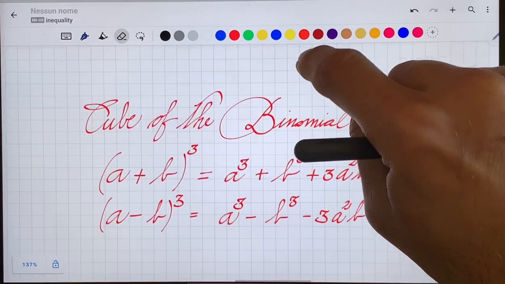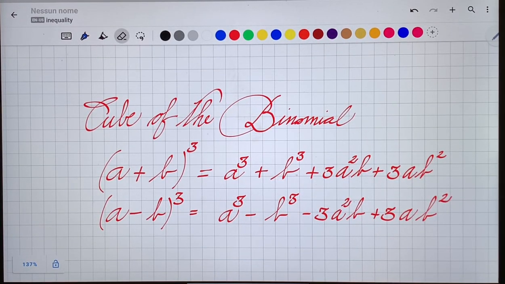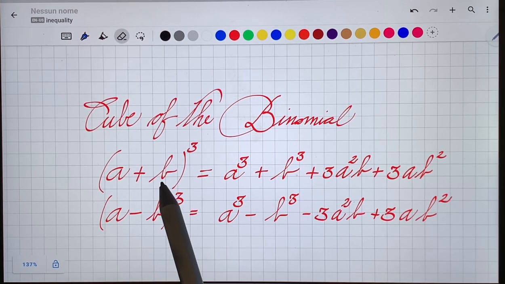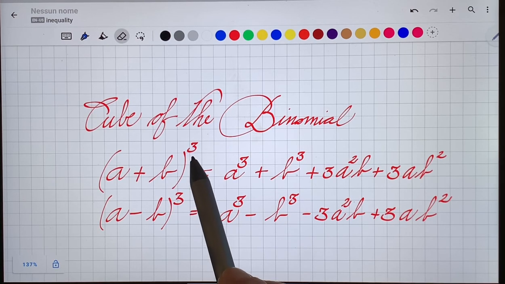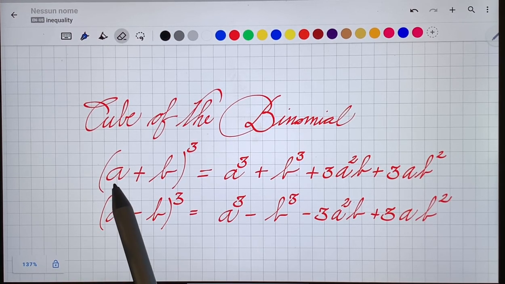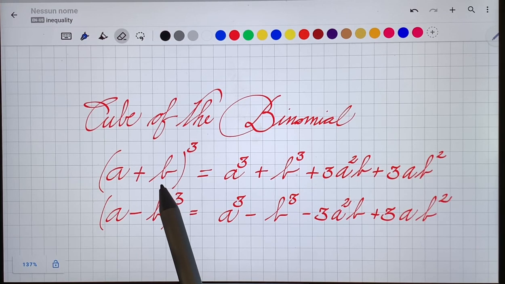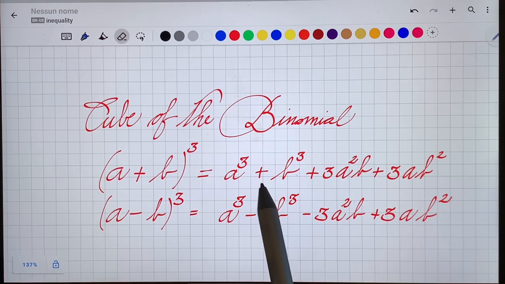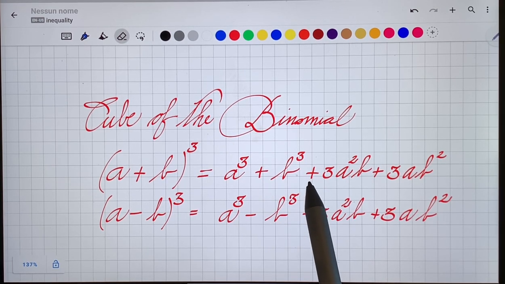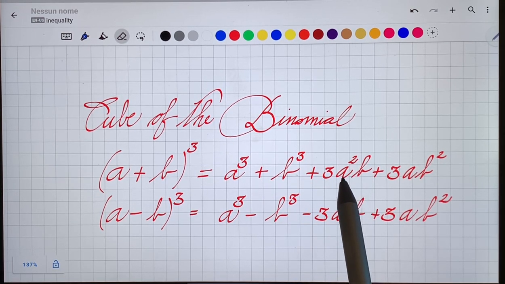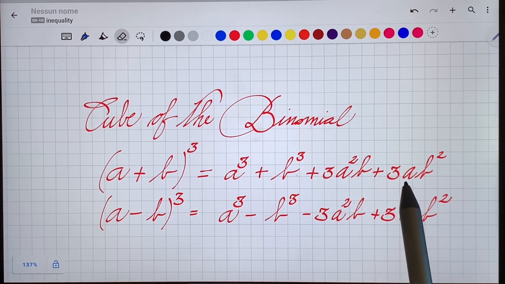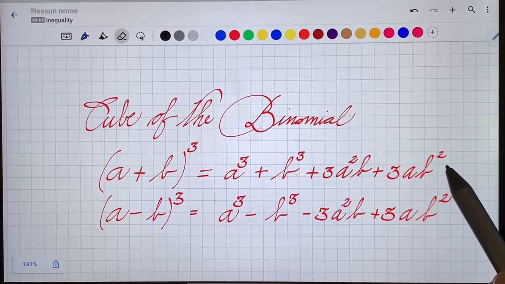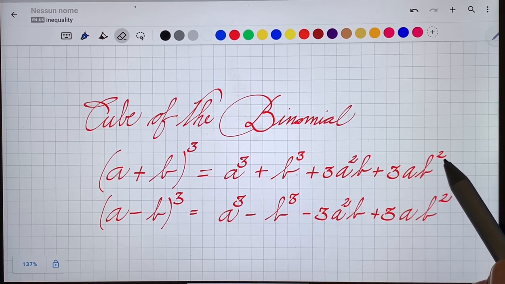First property is called the cube of the binomial. Anytime you have a cube of a sum of two numbers, a and b, if we call a the first term and b the second term, you can write it as the cube of the first term plus the cube of the second term plus 3 times the square of the first term times b plus 3 times the first term times the second term squared.